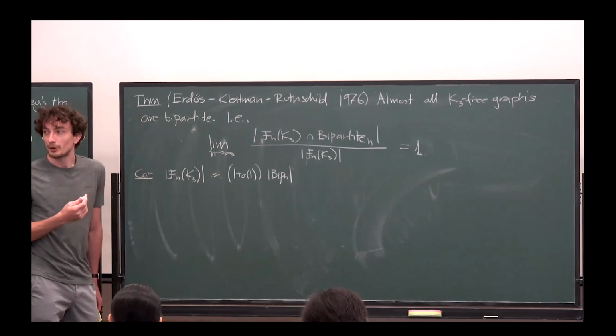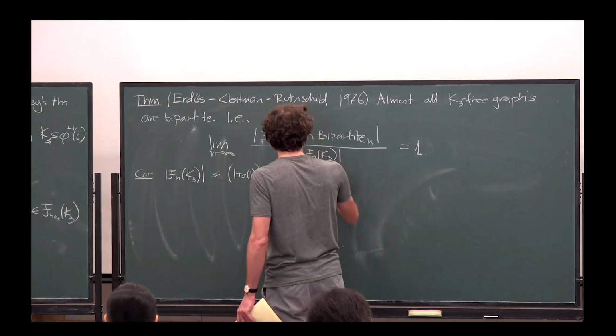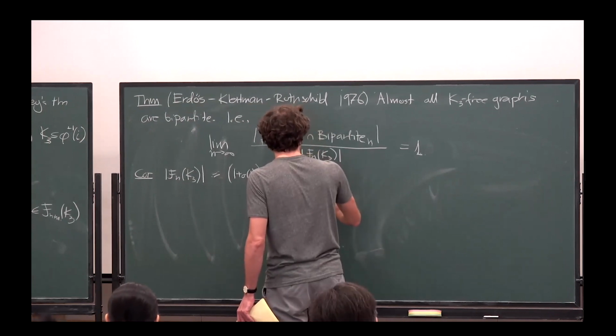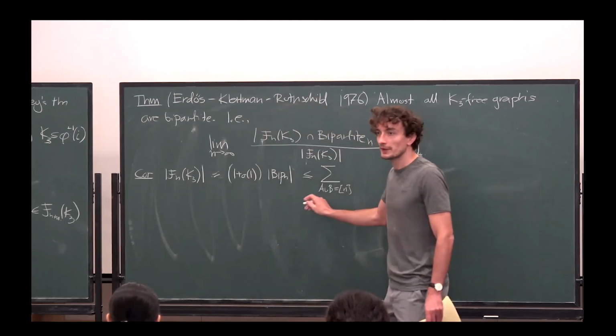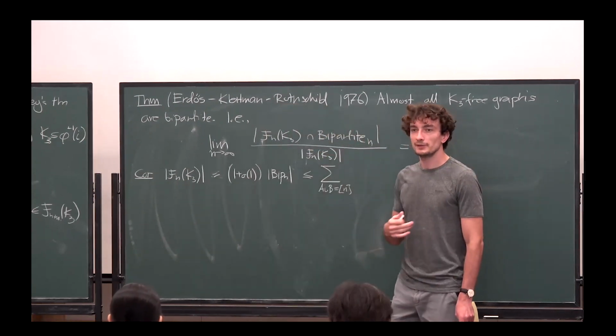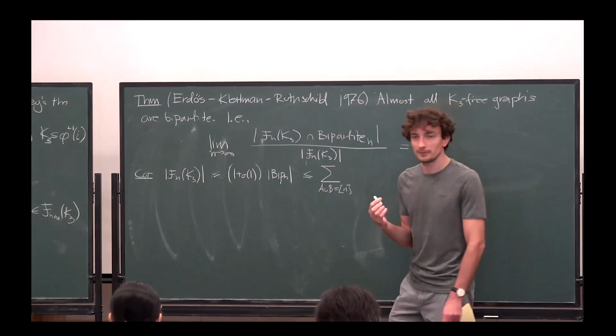How do you upper bound the number of bipartite graphs? Well, a graph is bipartite means that there must be some partition of the vertices into two sets A and B. And now, how many bipartite graphs are there with the given bipartition?